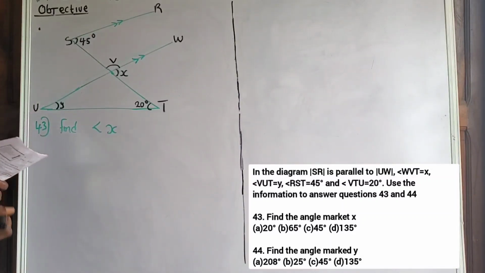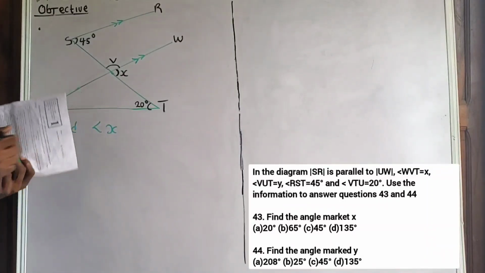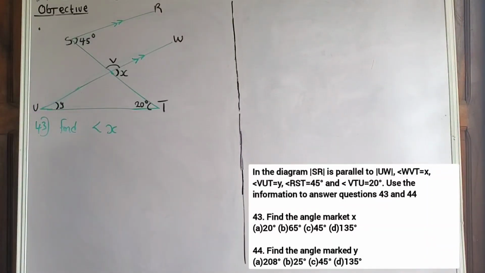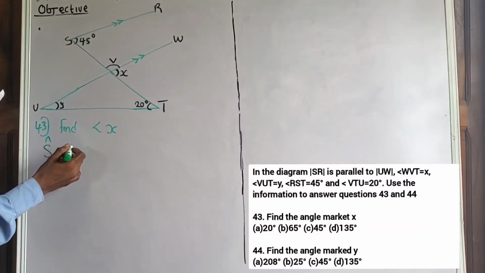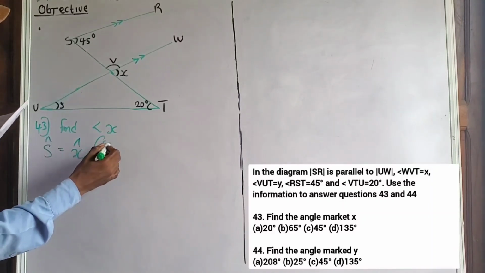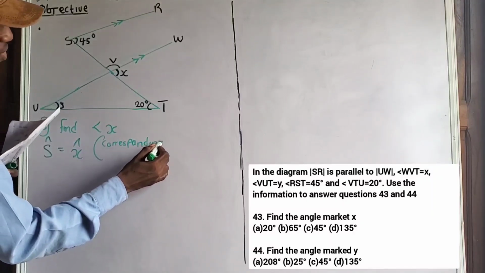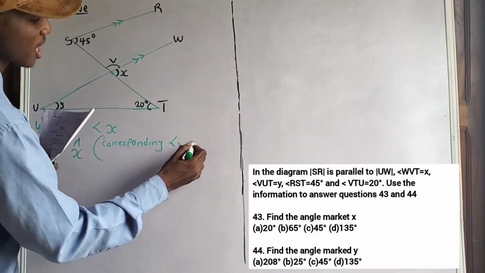You understand? So, which angle is corresponding to X in the diagram that we are given on the board? The angle that is corresponding to X is angle S. Angle S is equal to angle X. Why? The reason is because corresponding angles are equal.